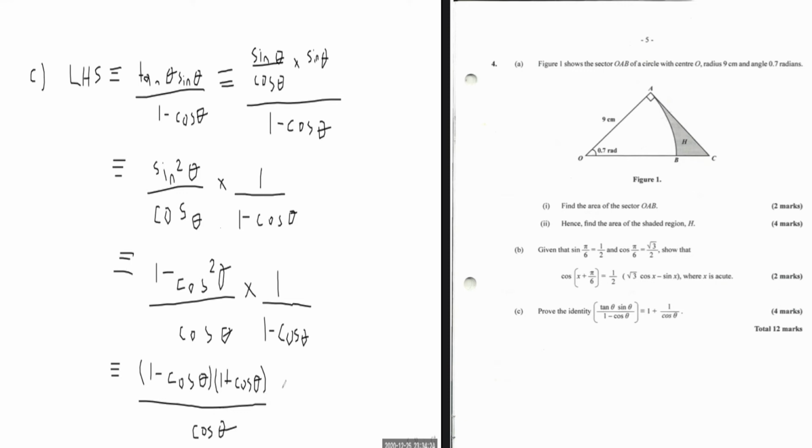Then we multiply it by 1 over 1 minus cos theta.